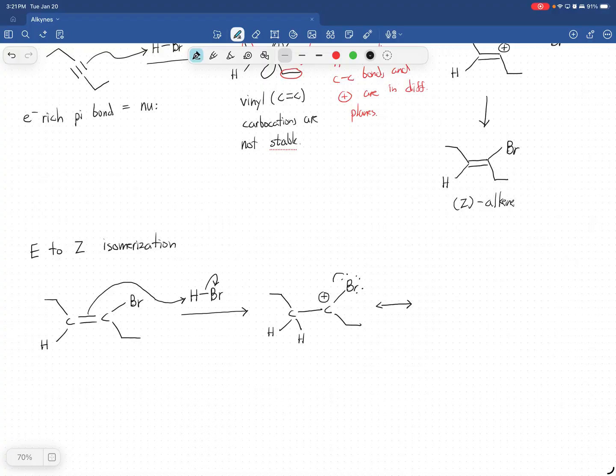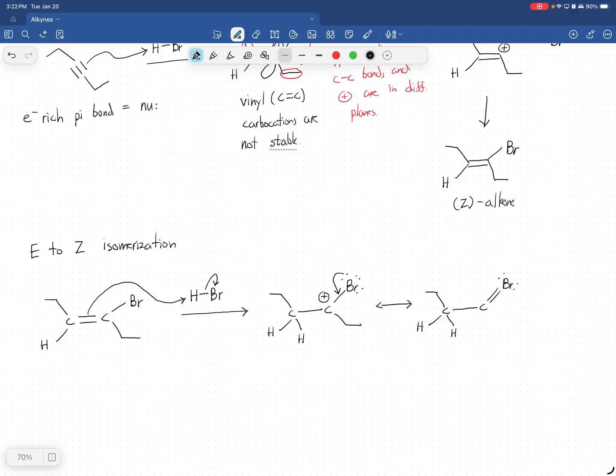So we can actually use the bromine's electrons and push them down to form a resonance structure. Now the carbon atom attached to the bromine has a full octet, even though the bromine now has a positive charge.